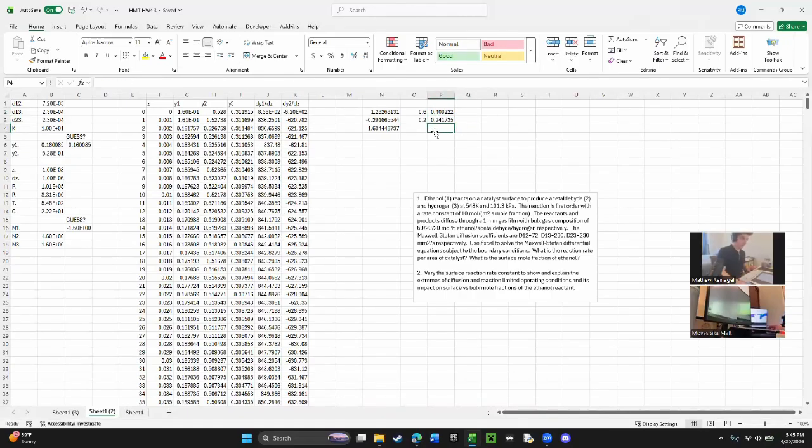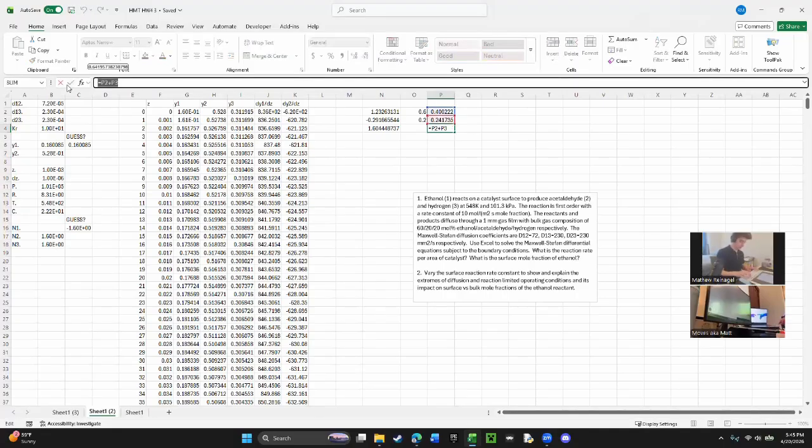And if we add these two together, which is the sum of squares in this case, we get a value that looks like this. Actually, it would probably be better if we did a sum, just to make sure that this works fine.